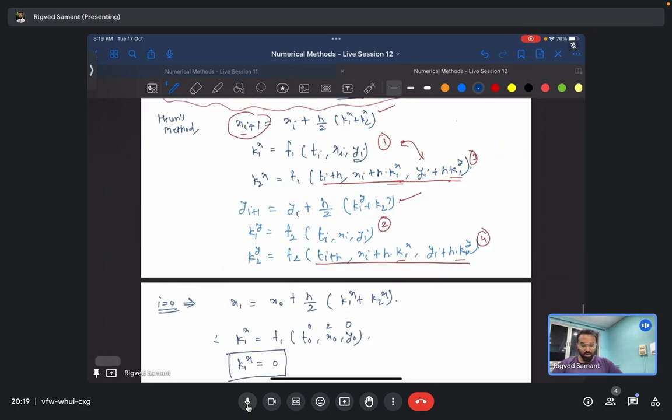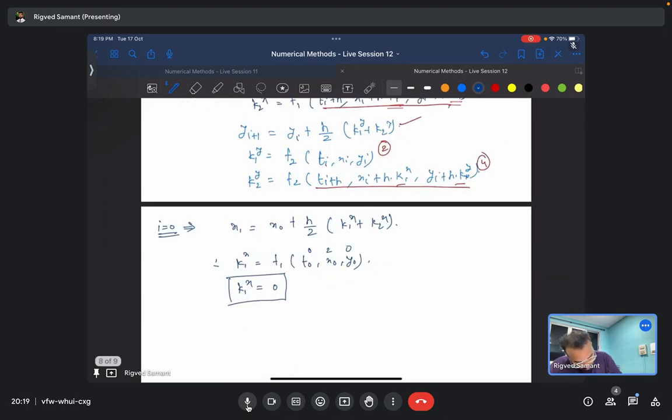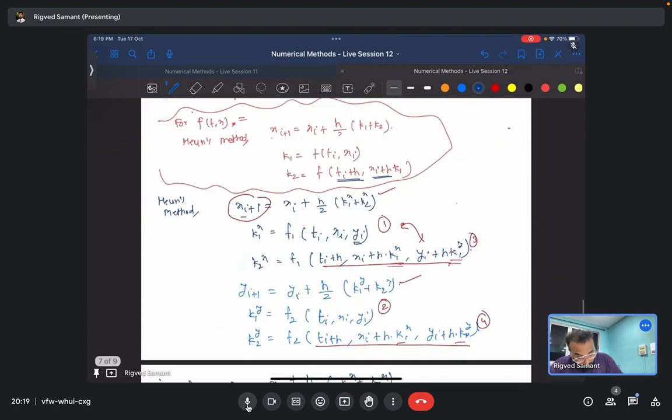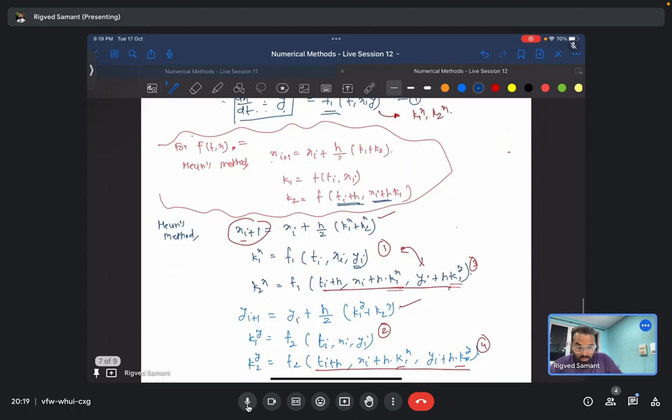Okay, now you cannot directly find k2x because you require k1y for this. So the second step would be to find k1y, that is f2 of (t0, x0, y0), that is (0, 2, 0). So what is f2? 2.4x minus 3y cube.